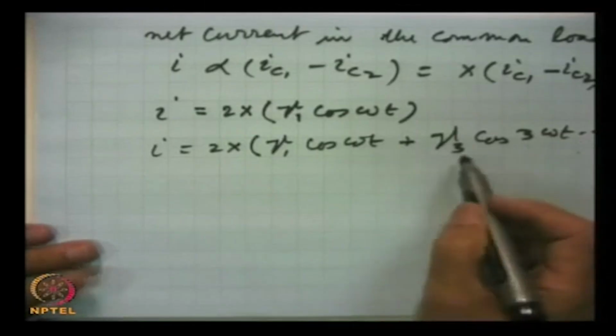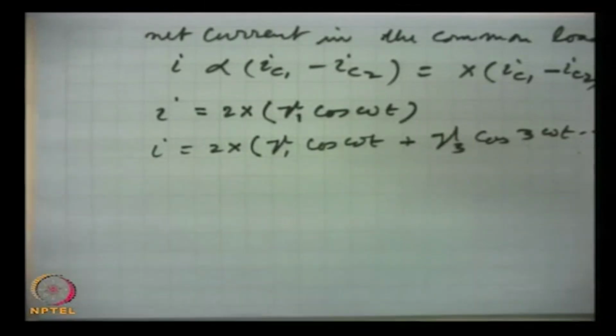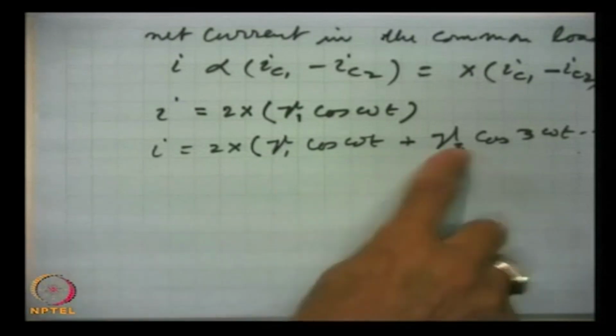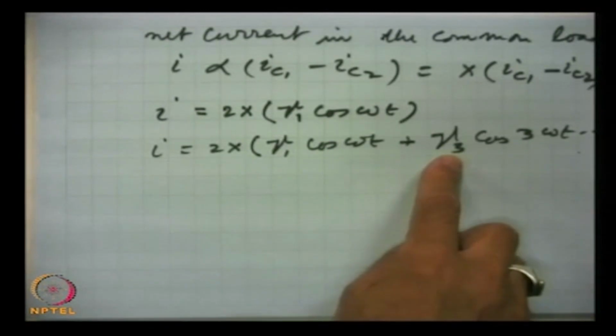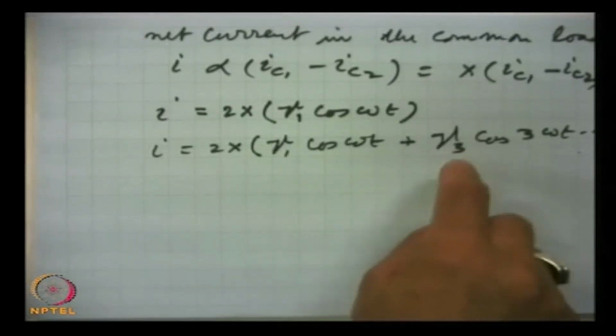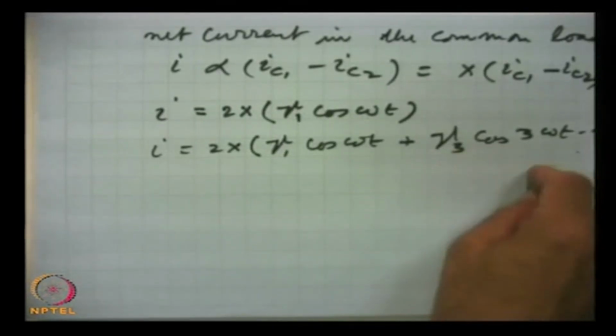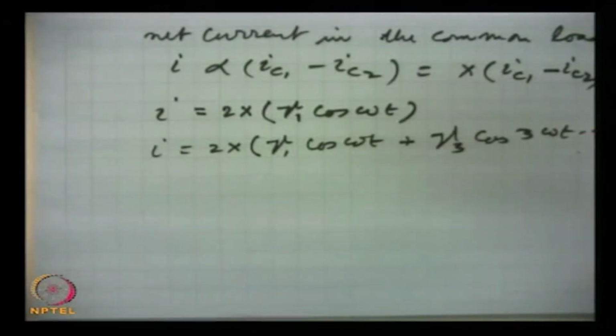In fact, all the odd modes are present, but as I said, as the order of the harmonic increases, the amplitude falls. So, the contribution of gamma 3 will be there, but it is very small, and the cos 5 omega term will be still smaller.